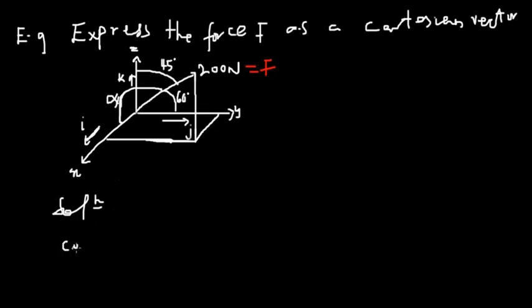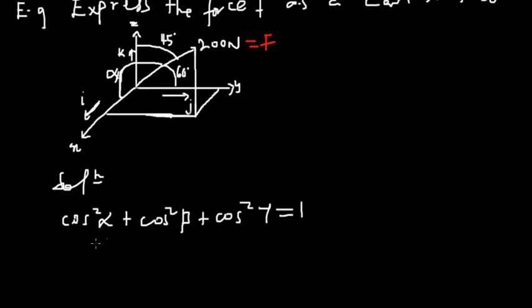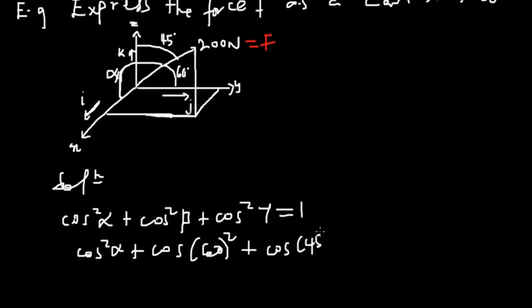That's where we use cos squared alpha plus cos squared beta plus cos squared gamma equal to 1. We just have to do the substitution and then find alpha. So we have cos squared alpha plus cos 60 squared plus cos 45 squared equal to 1.